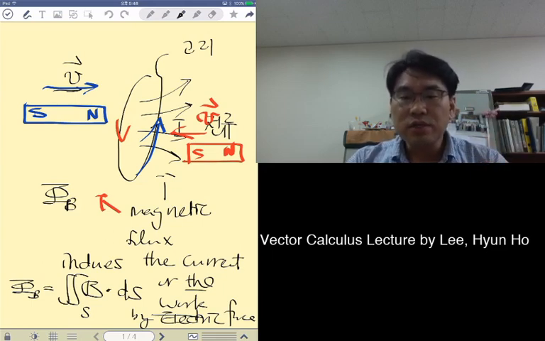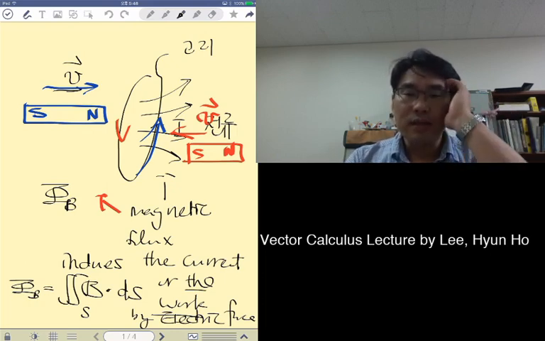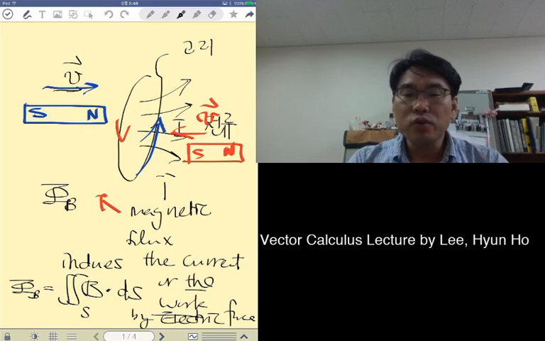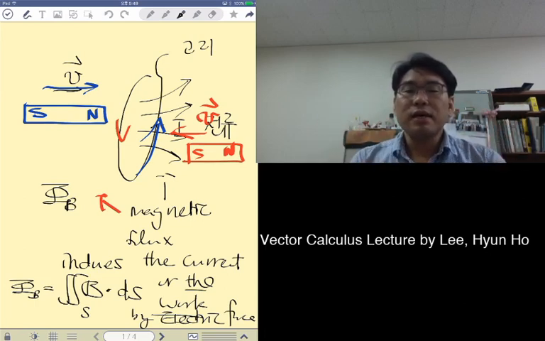From the Coulomb potential, we know that the electric field is given by the gradient of the Coulomb potential. Remember that, and then we were able to show that the total charge can be computed by the electric flux of the electric field through the surface enclosing the point charge.